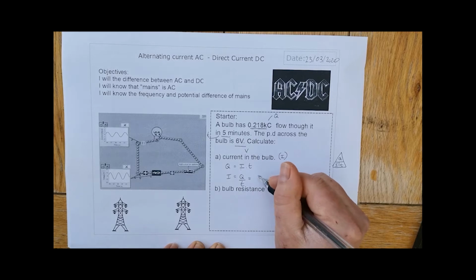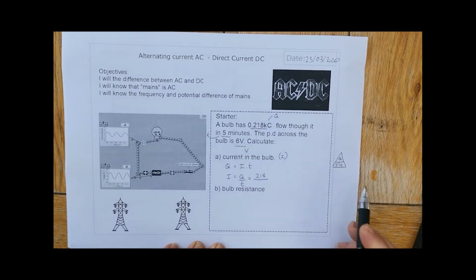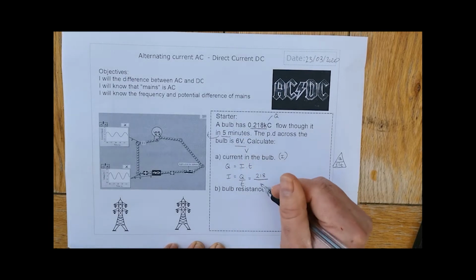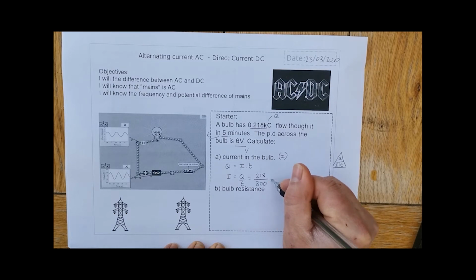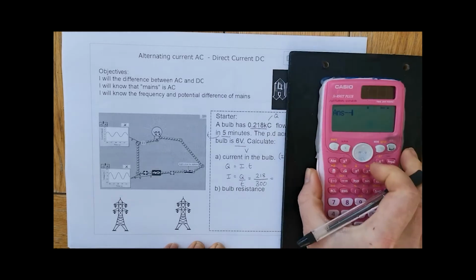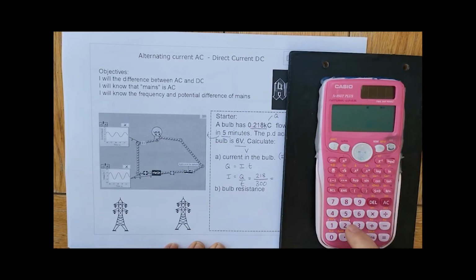So actually that's 218 coulombs. 5 minutes needs to be turned into seconds. That's 5 times 60. So I'm just going to do that in my head. 5 times 60 is 300. So the answer is 218 divided by 300.